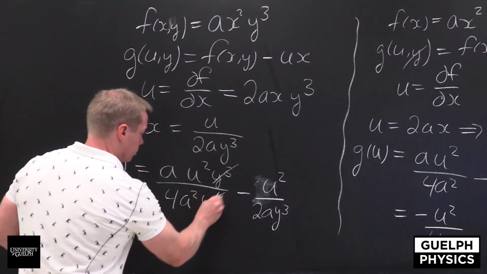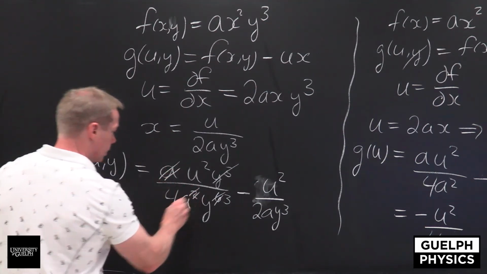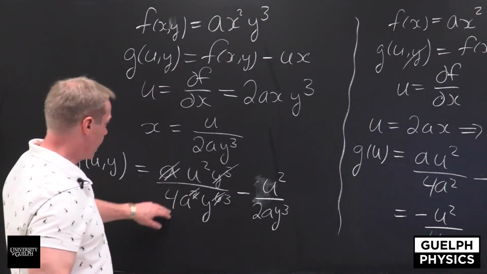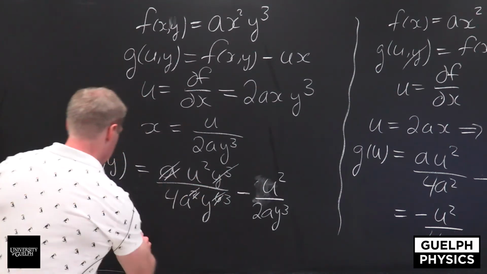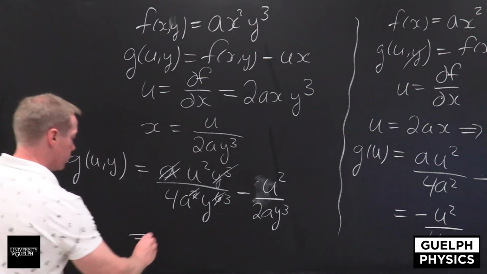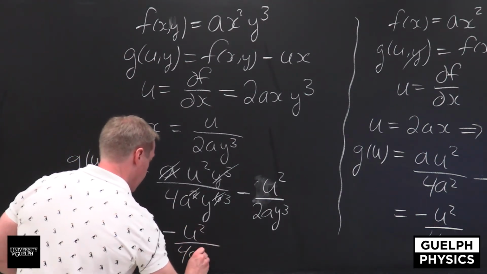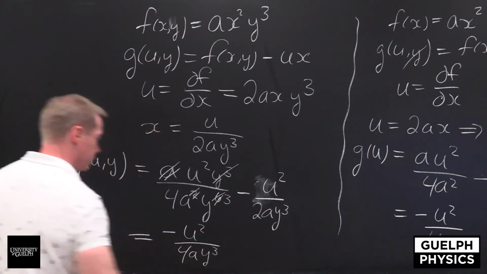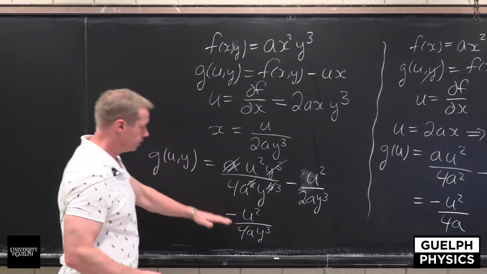So that y cubed changes that to a cubed. My a takes care of that, and I have a u squared over 4a minus a u squared over 2a, so I have a minus u squared over 4ay cubed. So this is now my new function, g of u and y.